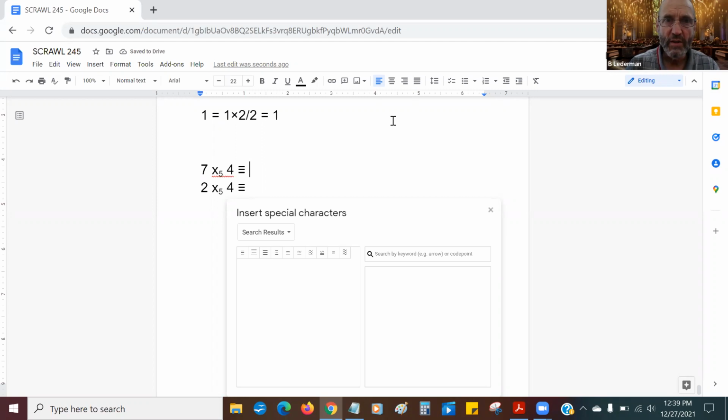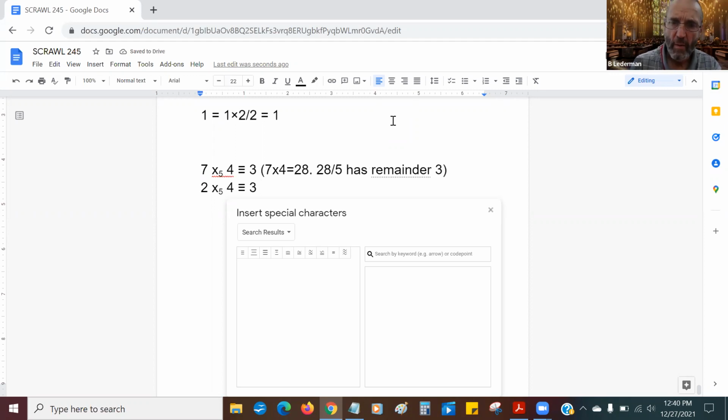So this is congruent to 3, but 2 times 4, which is 8, is also congruent to 3. In other words, why is that? Because 7 times 4 equals 28, and 28 divided by 5 has remainder 3.